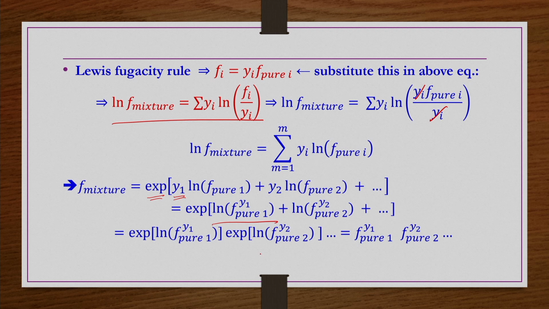Now the exponential and ln for each term may be struck off, so that we have f pure 1 power y1 times f pure 2 power y2 and so on, so it is a product. So, f mixture is nothing but the product Pi of f pure i power yi, where the product is from i equals 1 to m, because m number of components are there. Hence it is proved.